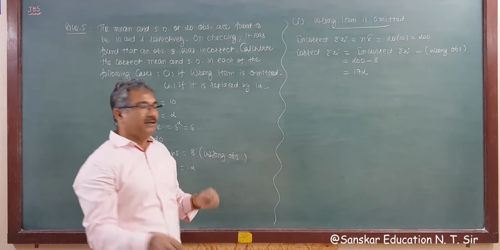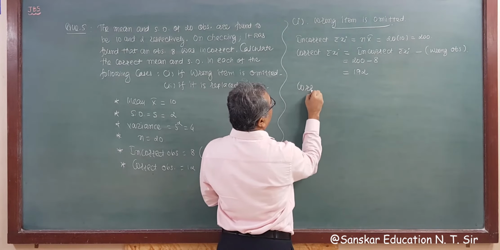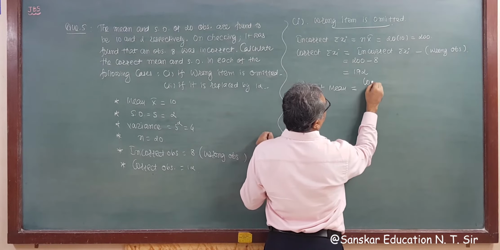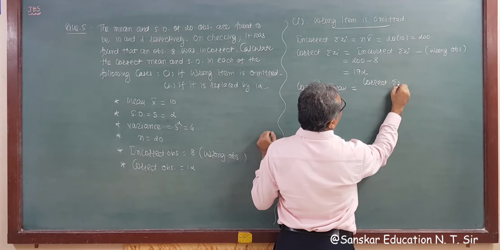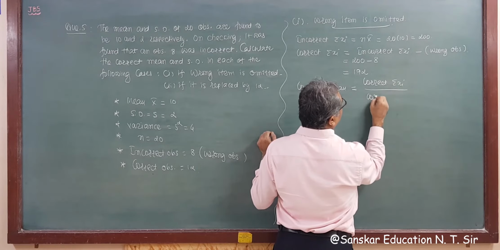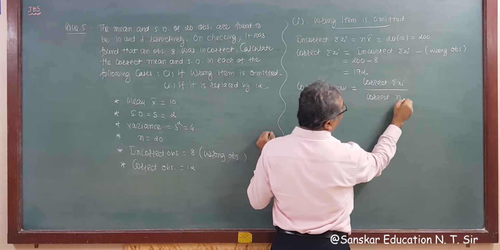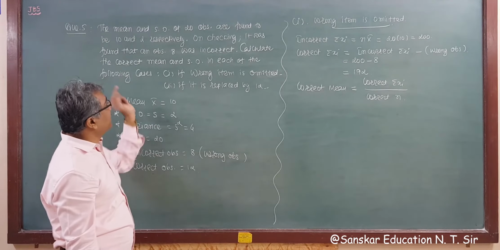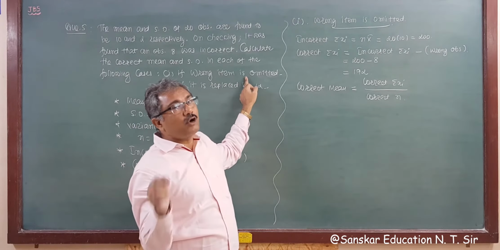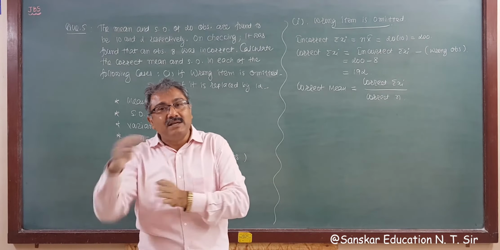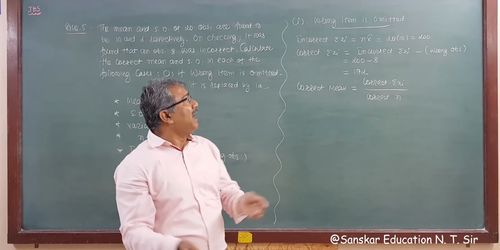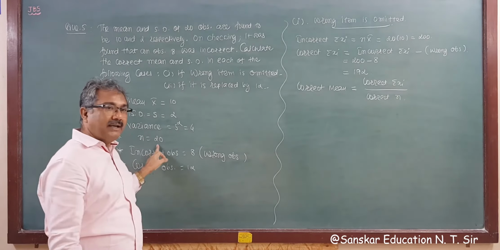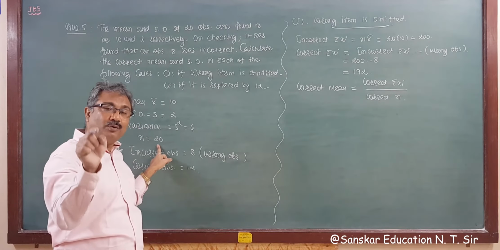Now the correct mean is equal to correct sigma xi upon correct n. Why am I writing correct n? Because here an observation is omitted. One observation is deleted out of n equal to 20, and that gives the new n.